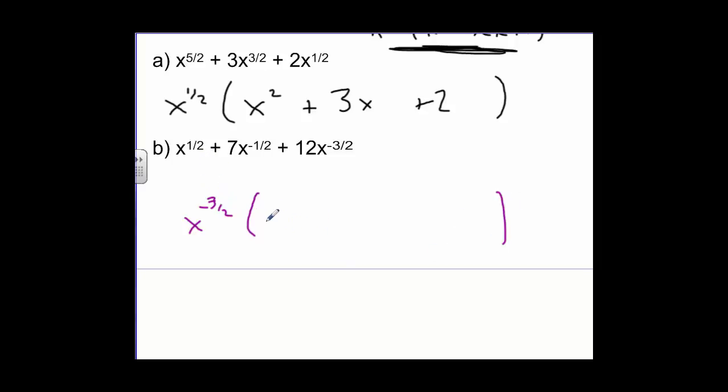We need to make it so that we put some x's right here, and if we combine these two x's right here, they add to 1/2. We need to add to 1/2. So if this is x to the 3/2, and we're going to want them to be in versions of 2, right? We're going to keep them in halves. Then this number here better be 4. Watch. -3 halves plus 4 halves, -3 plus 4 would give you the 1/2 you need.